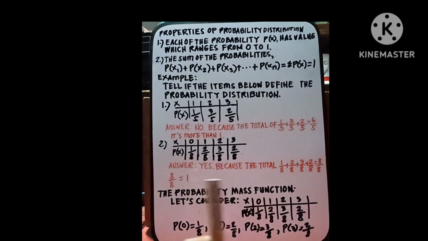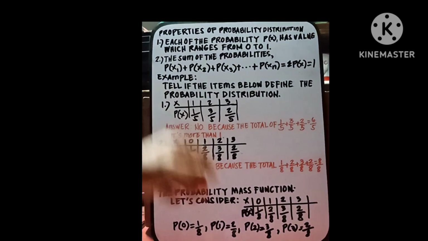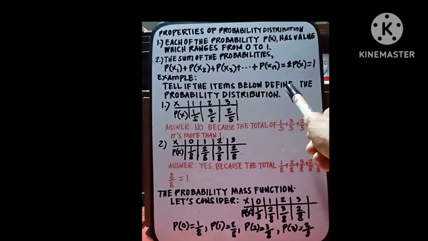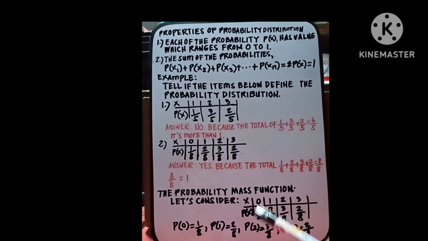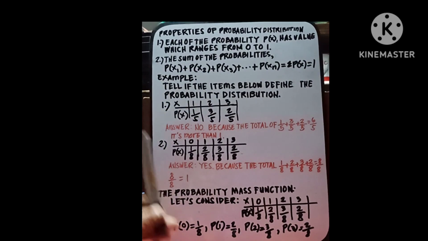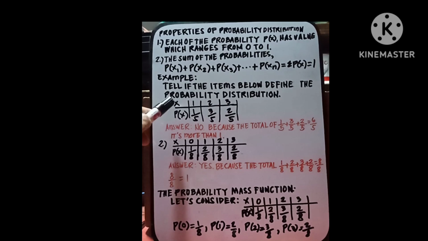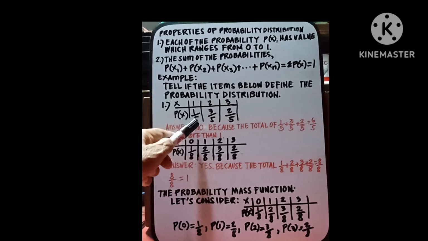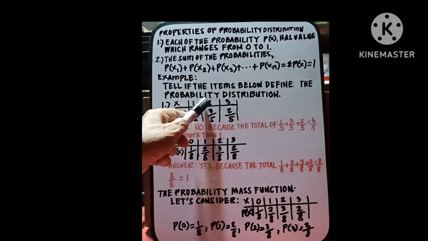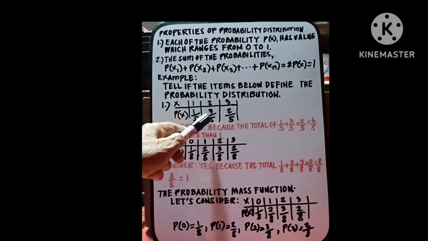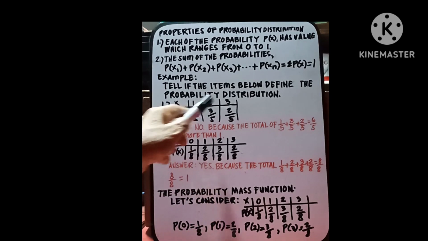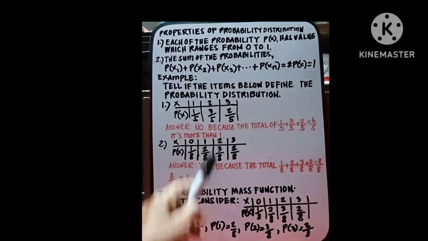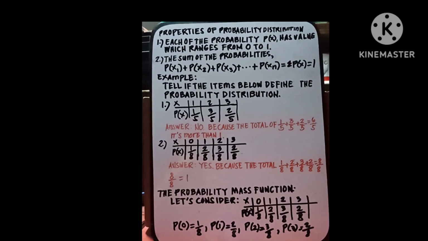So let's have an example here. We're going to tell if the table defines a probability distribution. Say x is 1 with probability 1/5, x is 2 with probability 3/5, and x is 3 with probability 2/5.